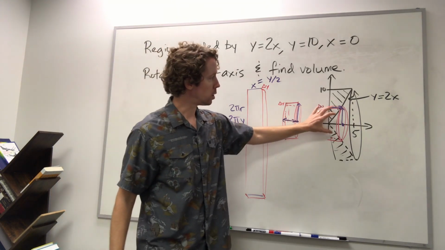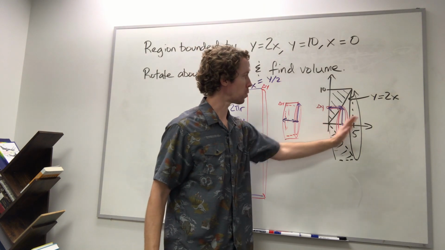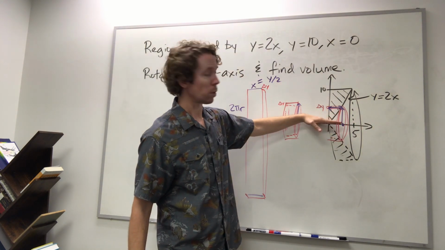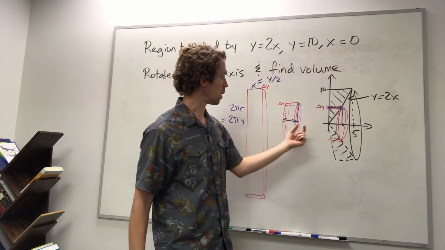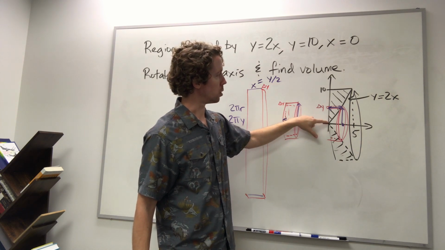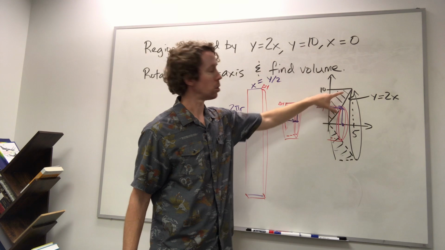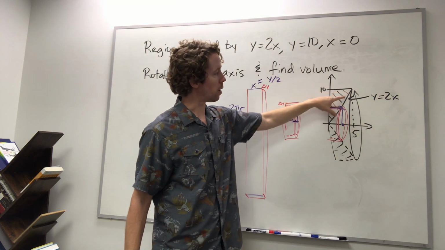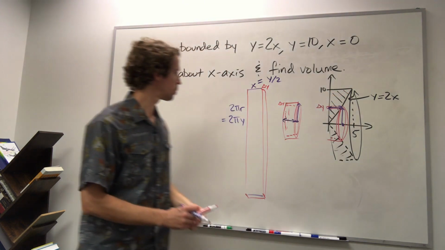And these shells change as I move from left to right or from the center up to the top. As you vary x and y, then you get different values because you're taking your values along this line.